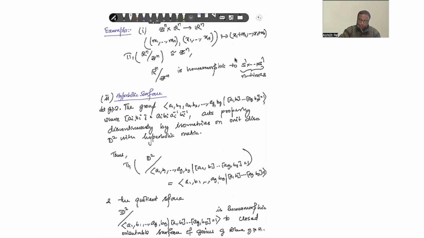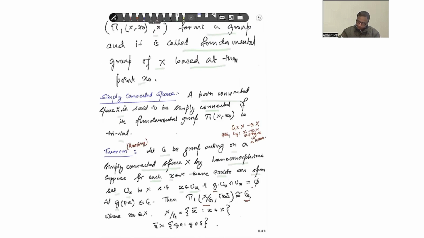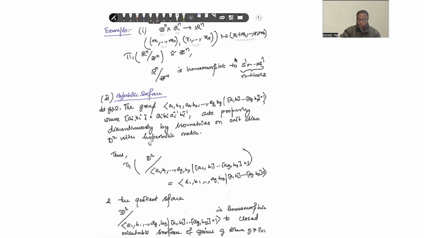Okay, so for example, if I take the group Zn, it is acting on Rn by translation. So this is my action. Rn is a simply connected space, and you can check that the group Zn satisfies this property; it is not very hard to show.